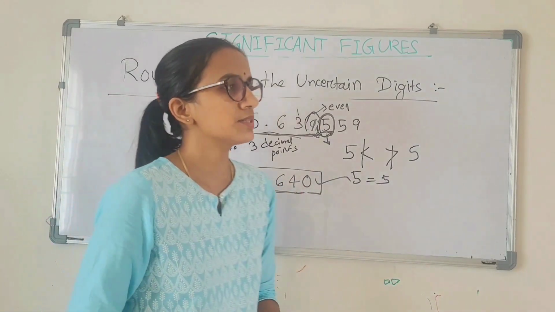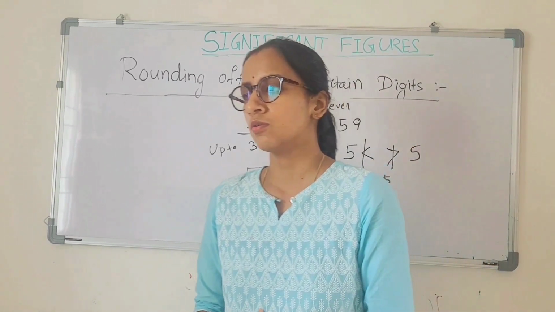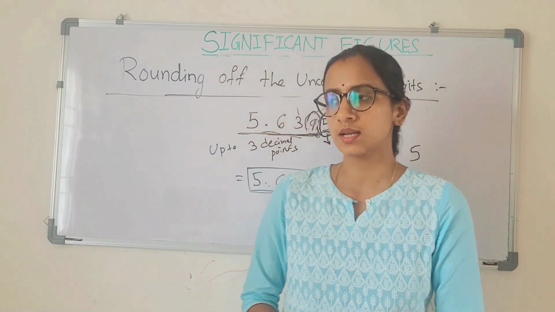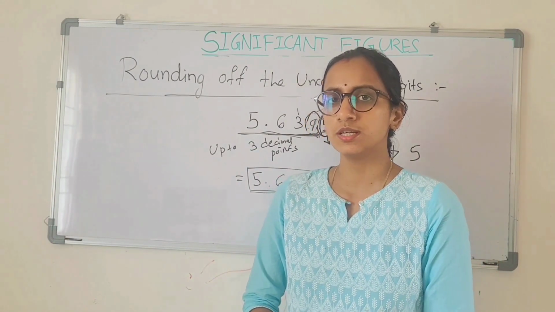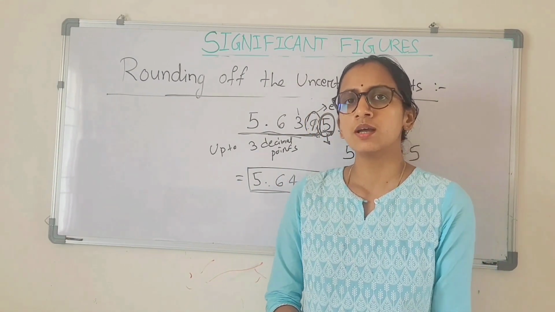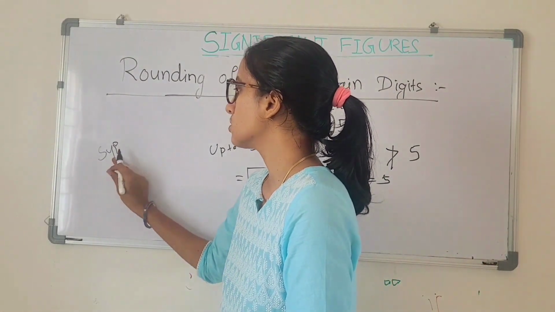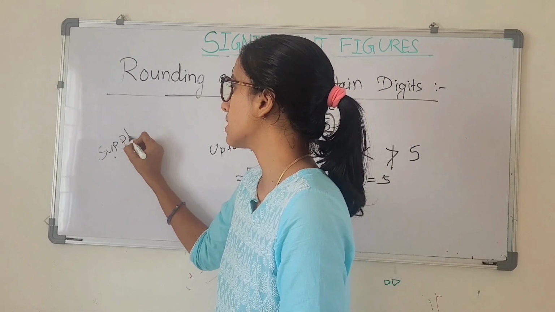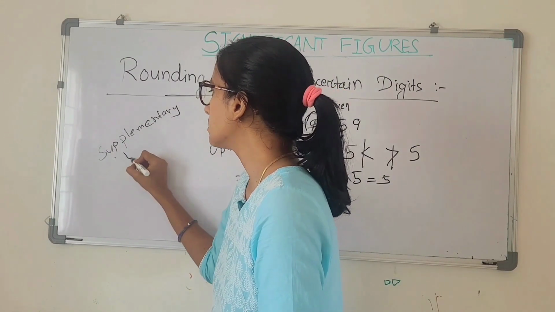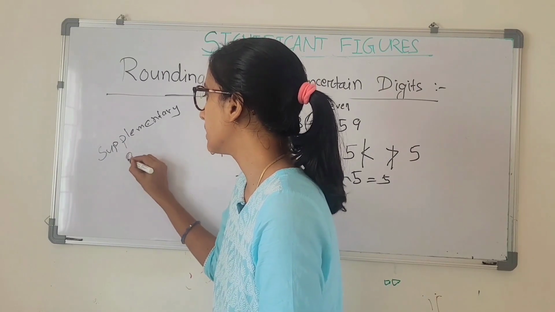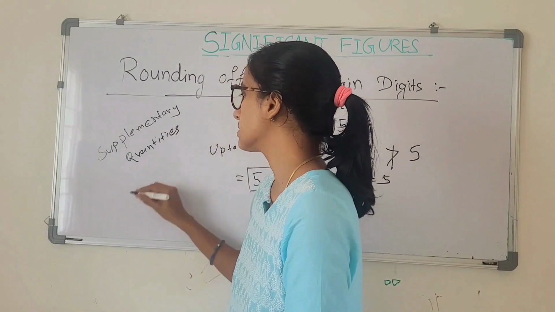Before ending this class, I would like to tell you one thing that I had left out in my last class, the class on types of units. I forgot to mention that we have supplementary units also. As I told you in my first class, supplementary units are used for supplementary quantities, which are used for geometric concepts.